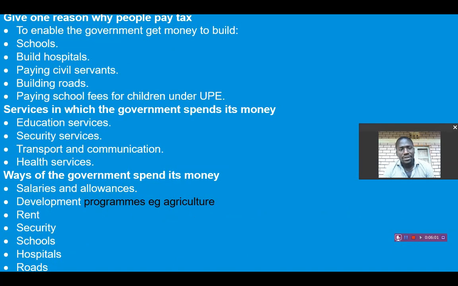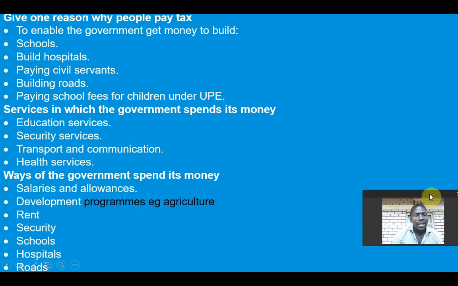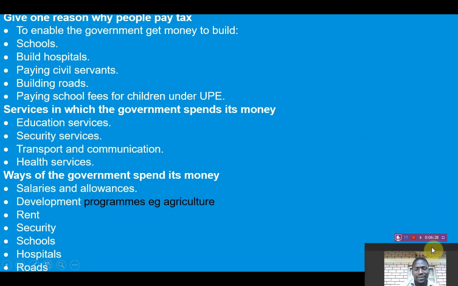Now we have a guiding question here. Give one reason why people pay taxes. There are several reasons why people pay taxes. One of the reasons is to enable the government to get money to build schools, build hospitals, construct roads, and pay civil servants, the government workers.